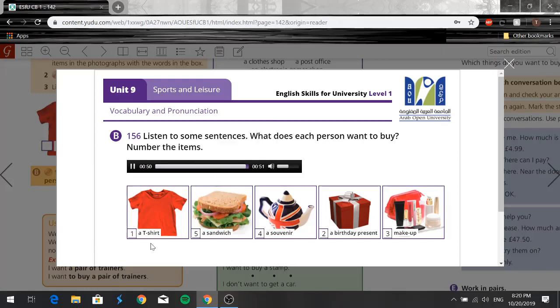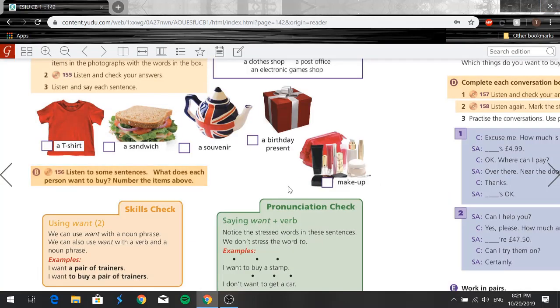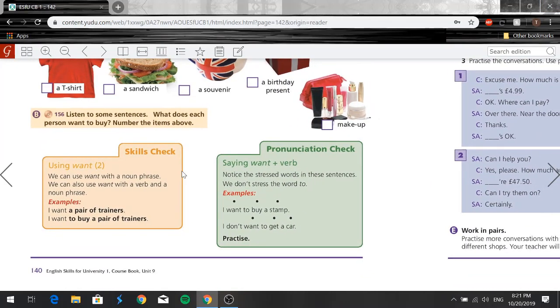Yep, so number 1 was a t-shirt, 2 was a birthday present, 3 was makeup, 4 was a souvenir, and 5 was a sandwich. Okay, pretty simple and standard stuff. Let's move on. Here we have skills check before we move on, using the word want. Well, you should know that we can use the word want with a noun phrase, and we could also use want with a verb and a noun phrase.